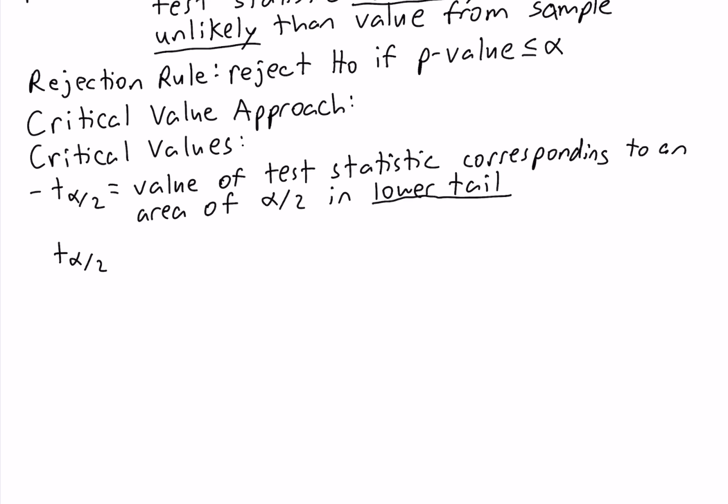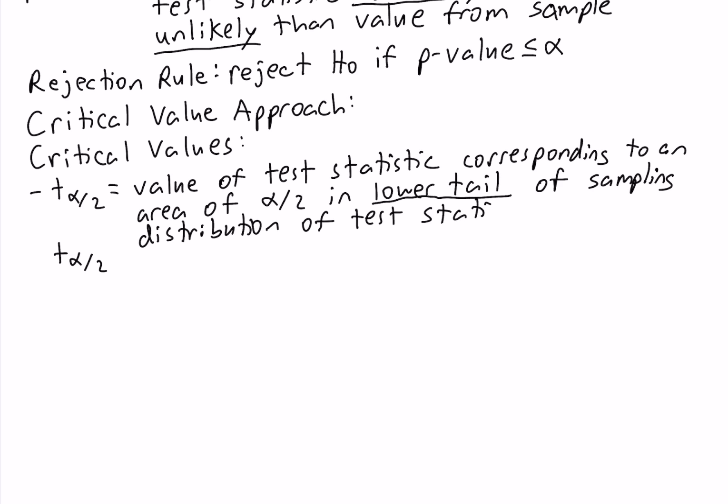So it's the value of the test statistic corresponding to an area of alpha half in the lower tail of the sampling distribution of the test statistic. Now, sampling distribution of the test statistic is just a fancy way of saying the t-distribution with n-1 degrees of freedom, because that's what the sampling distribution of our test statistic is going to be here when sigma is unknown.